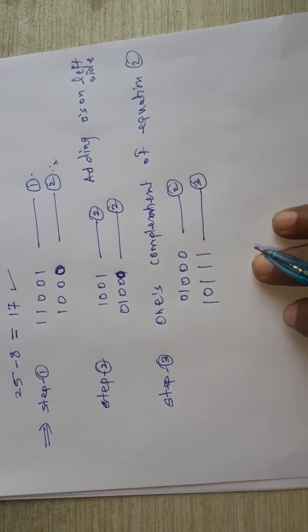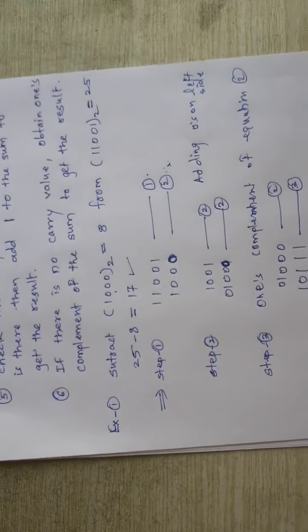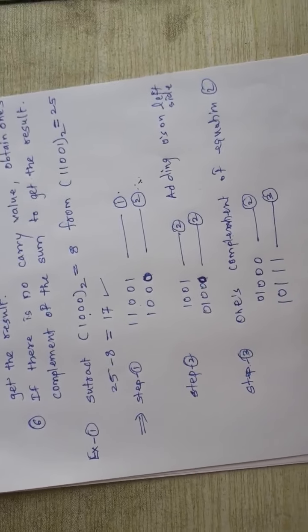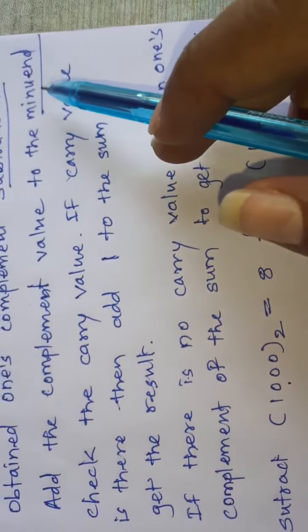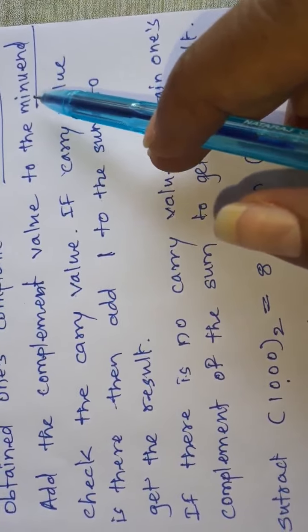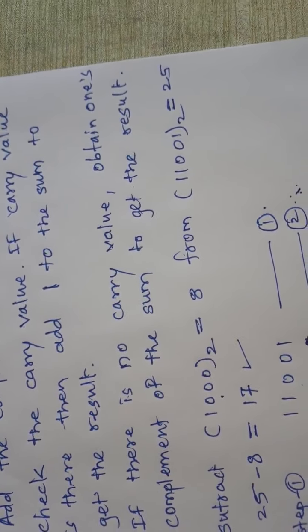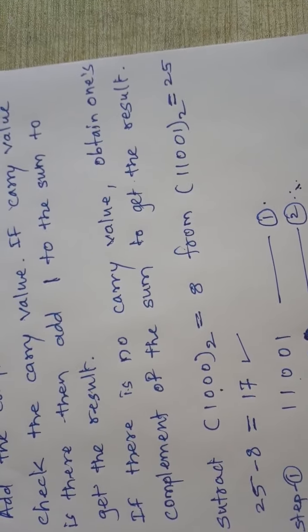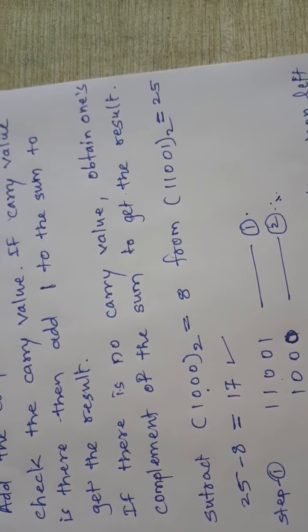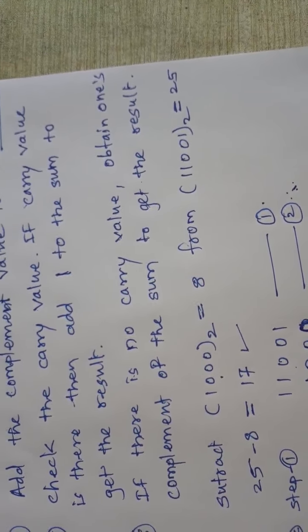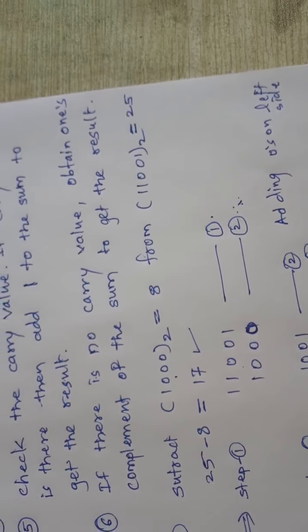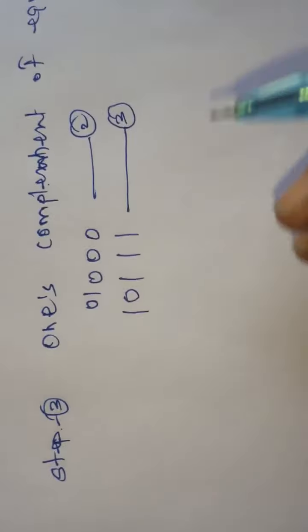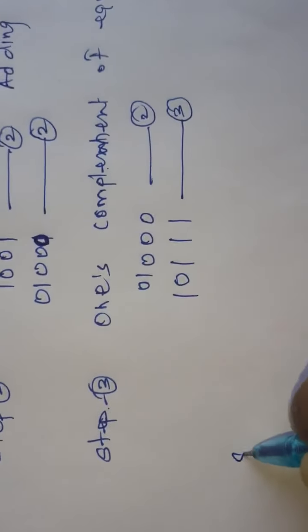Now what is our fourth step? Add the complement value to the minuend.